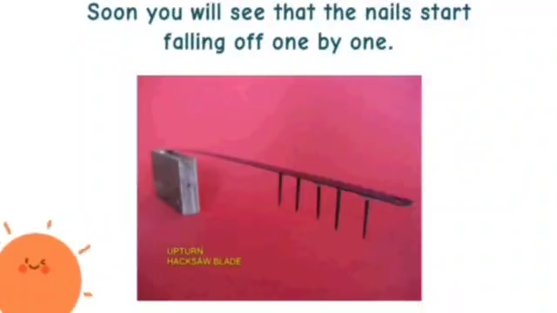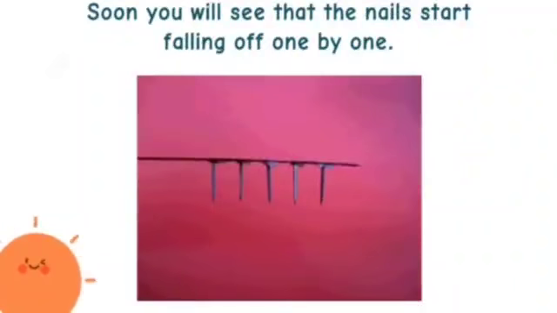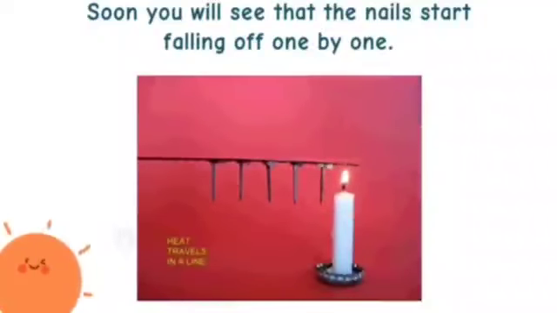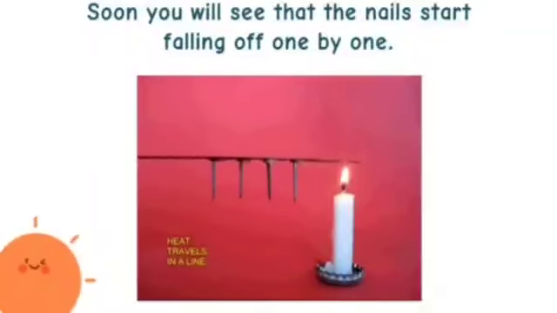Soon you will see that the nails start falling off one by one. Children, you observe clearly. When we heat the tip of the rod, how is heat transferred atom to atom.